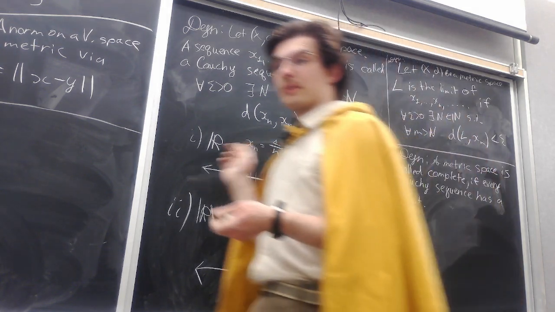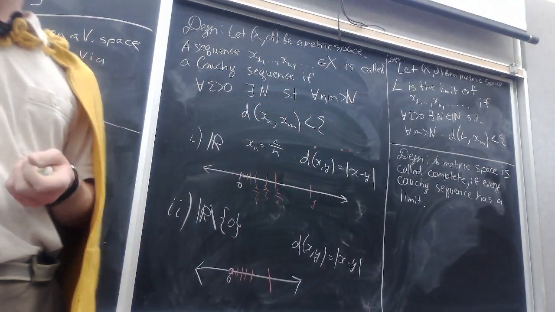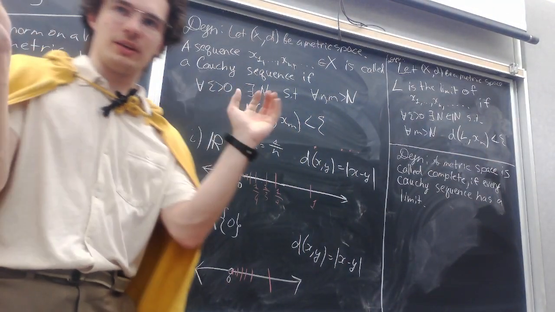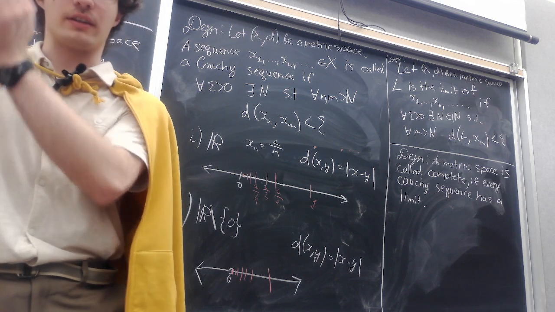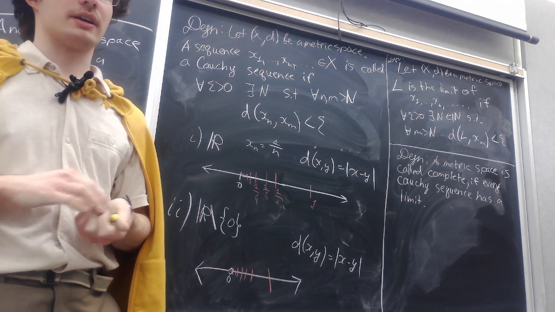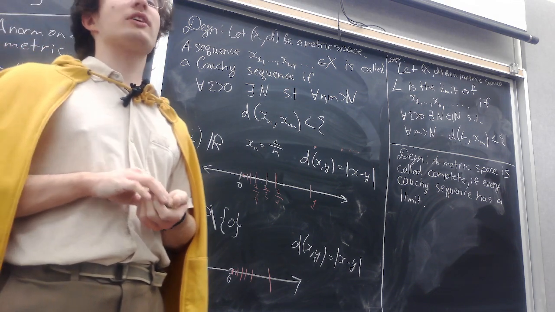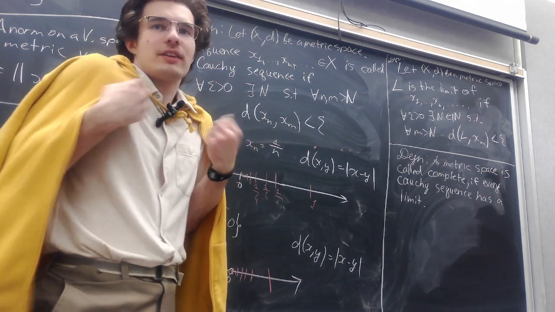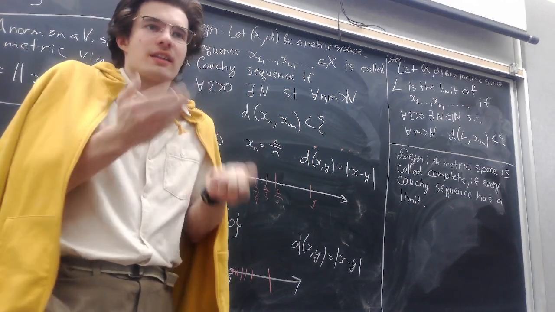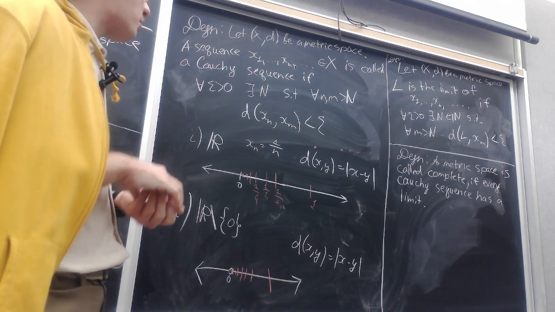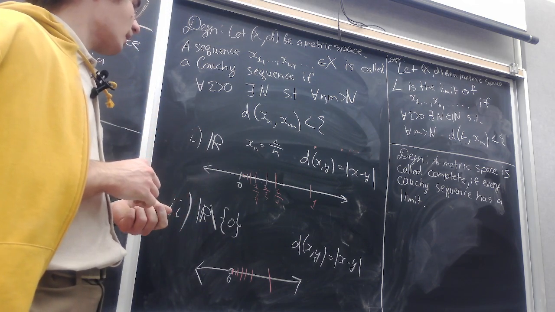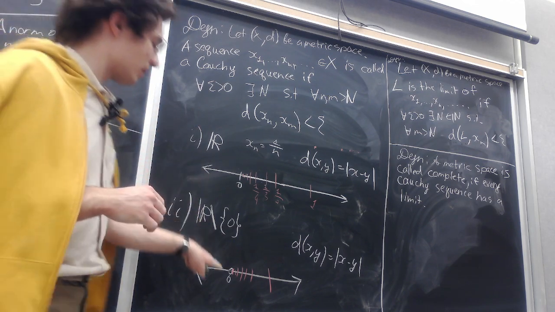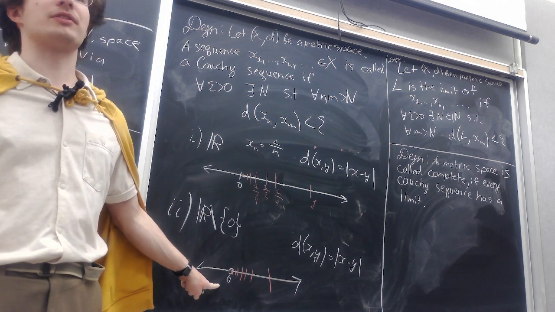So remember, Cauchy sequences were the sequences where points keep getting closer to each other, and the distance between them gets arbitrarily small. You would expect that this kind of thing should have a limit, right? If things keep getting closer to each other, then they should have a limit. The problem is that we looked at an example where you can just remove the limit from your space.